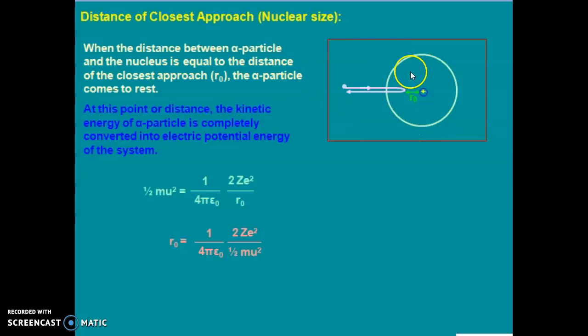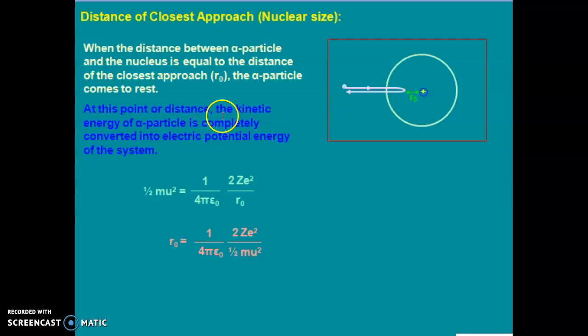After traveling some distance, it will be repelled back in the same direction. There is a smallest distance, called the distance of closest approach, up to which an alpha particle can approach the nucleus. It is the smallest distance between the nucleus and the alpha particle up to which the alpha particle can traverse the atom.